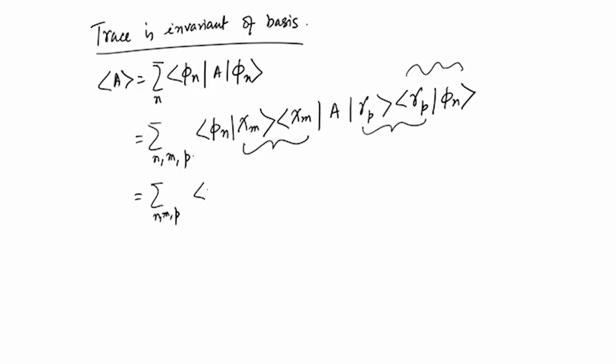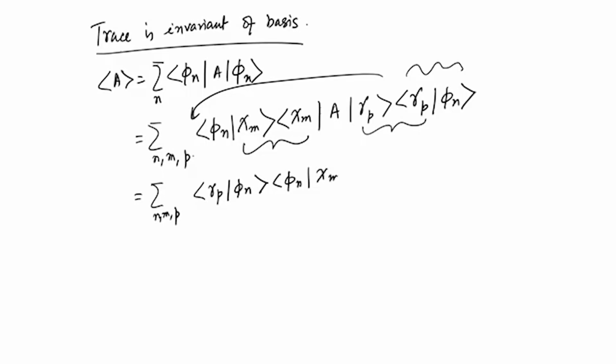So, because all these are inner products, which means that they basically talk about the length of the vector, that is a scalar quantity. So, we can swap its position. So, bringing it to the front here, this becomes equal to phi n.